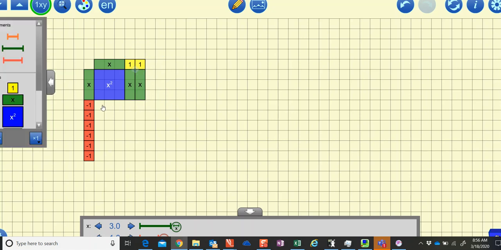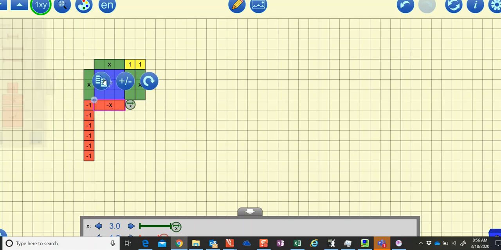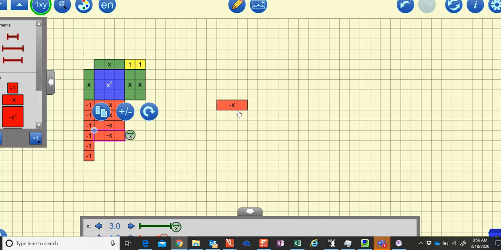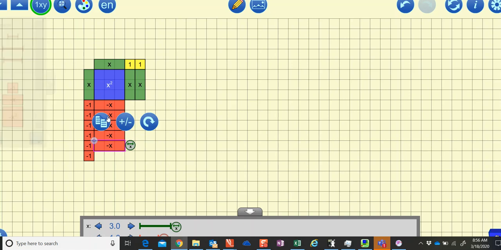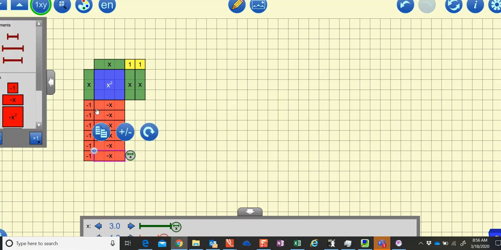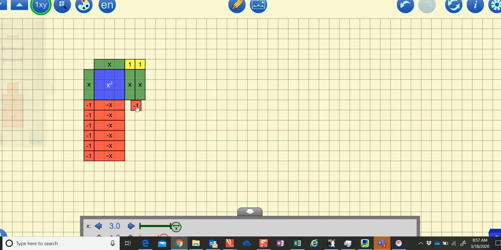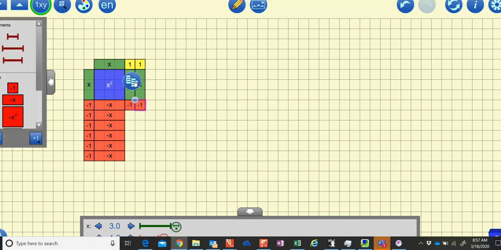And then underneath, x multiplied by negative 1, well, that's going to give me a negative x. I can fill them in for each one. And then I've got negative ones multiplied by positive ones will give me negative ones. Fill them in.